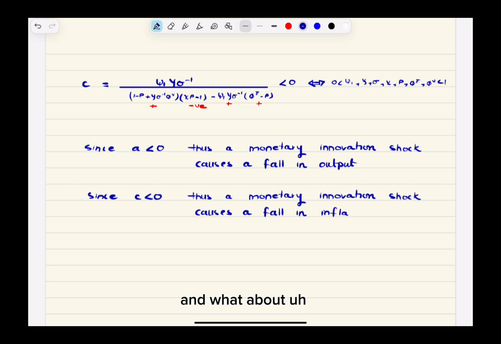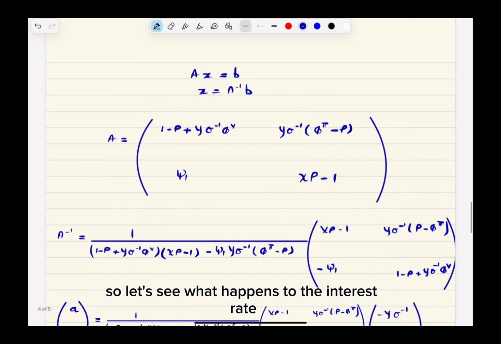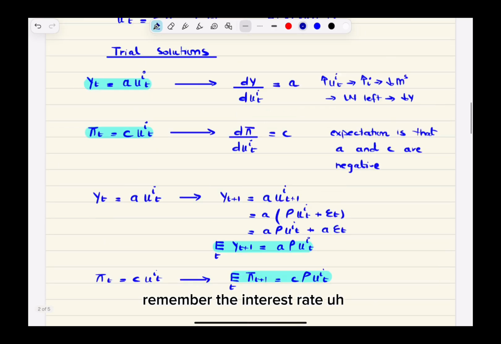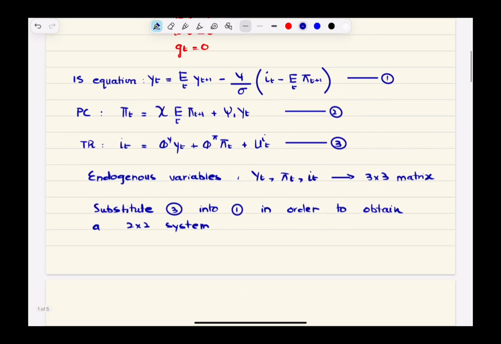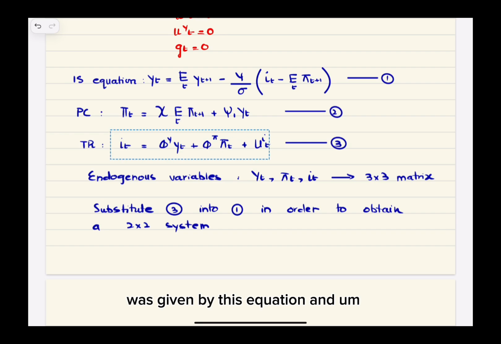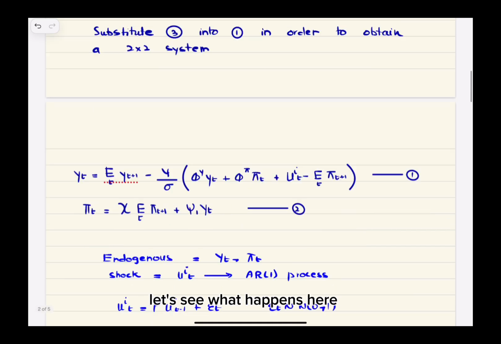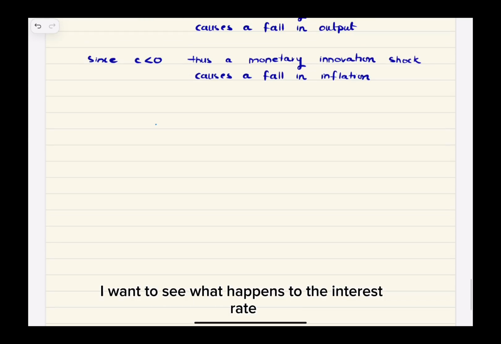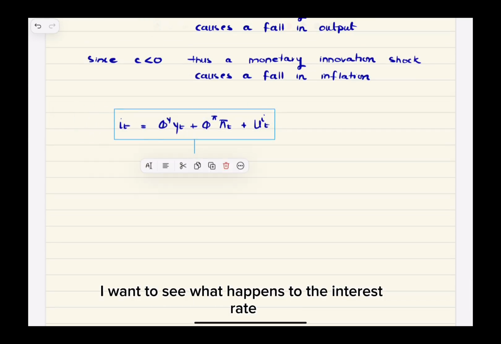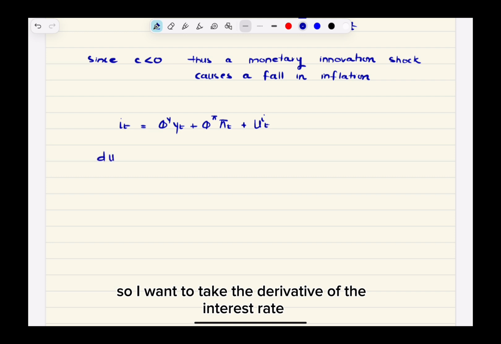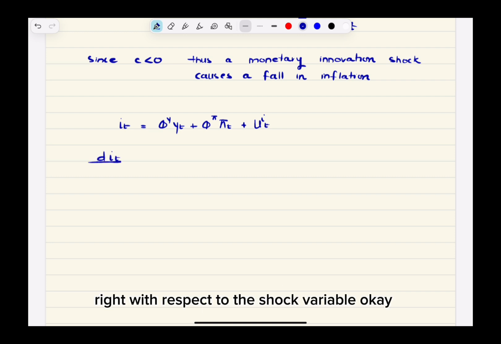And what about the overall impact on the interest rate? So let's see what happens to the interest rate. Remember, the interest rate was given by this equation, and let's see what happens here. I want to take the derivative of the interest rate with respect to the shock variable.